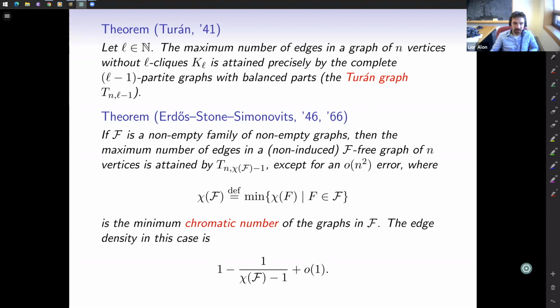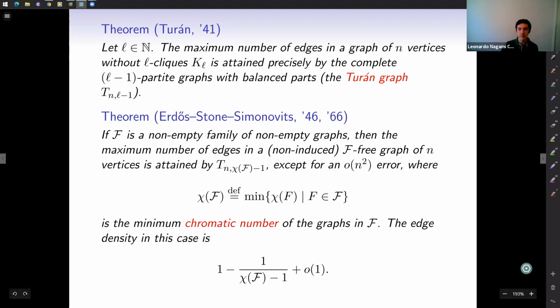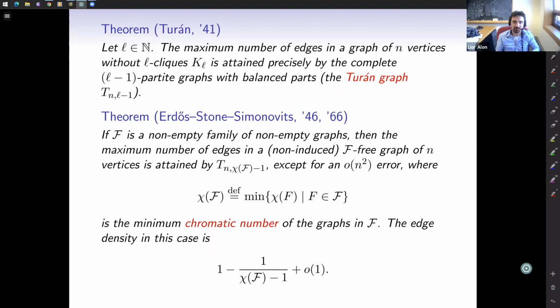Why is it o(n squared), and when you write T_n with this number as subscript, it means you have this many parts? Yes, you take your set, partition it into χ(F)-1 parts, approximately of the same size, and you put edges between the parts, but never inside the parts.